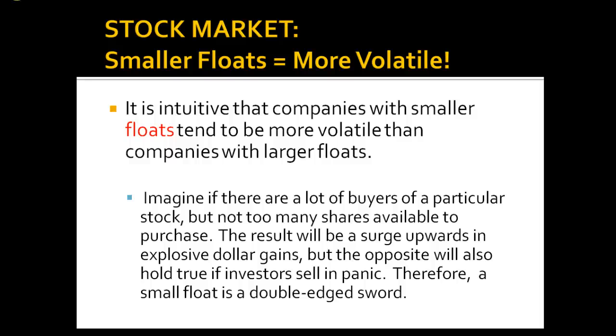So imagine if there are a lot of buyers of a particular stock but not too many shares available to purchase. The result will be a surge upwards in explosive dollar gains, but the opposite will also hold true if investors sell in panic. Therefore, a small float is a double-edged sword, and that's exactly what happened.